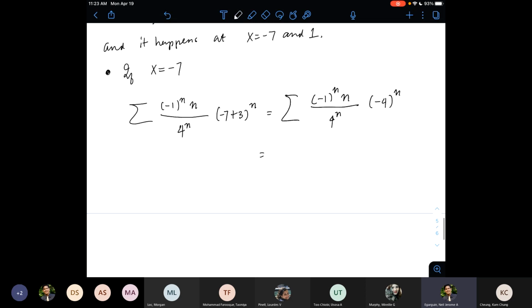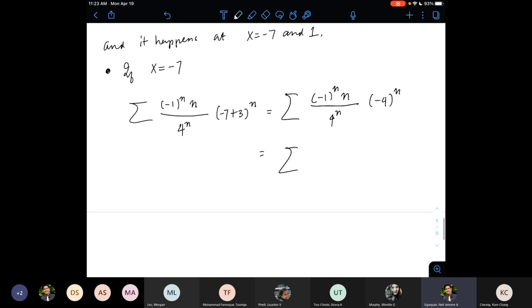Right? And then I can multiply this, and it will become 4 to the power n times n over 4 to the power n. The 4 to the power n's will cancel each other out, so we'll be left with the summation of n's.